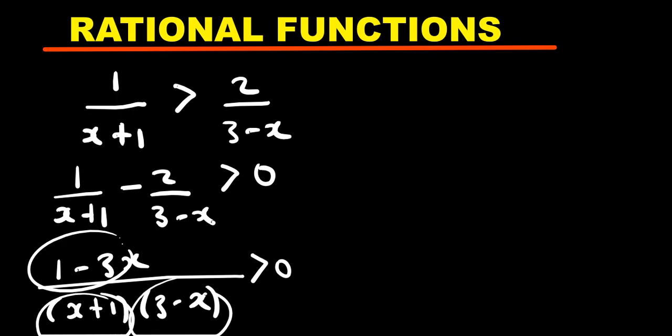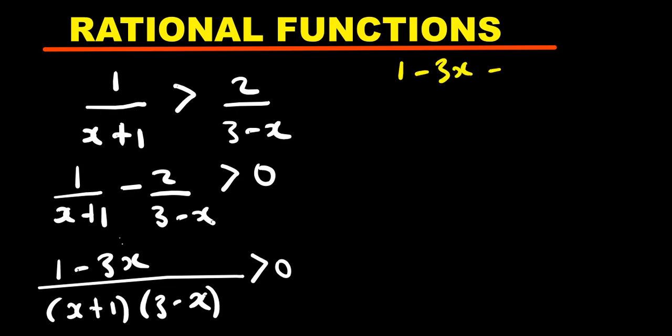Then you find the values of x at those points. So 1 minus 3x equals 0. When I solve that, I get negative 3x is equal to negative 1, therefore x will be 1/3.